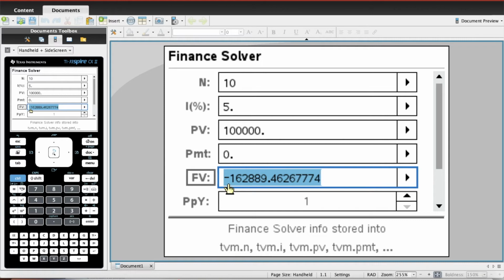But in the future, it's going to have to pay back, or it's going to lose 162,889, okay? Now, in terms of the question, it was how much interest is going to be paid. Well, you take this number and take off the 100,000 that they gained initially, and you get 62,889.46. All right, so that's going to be part B.